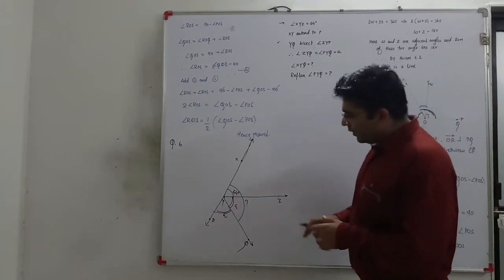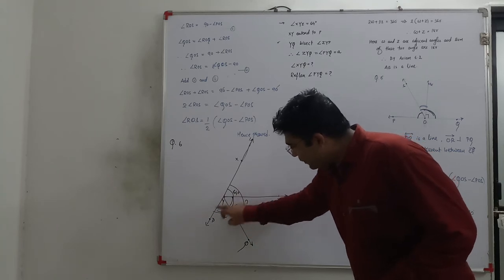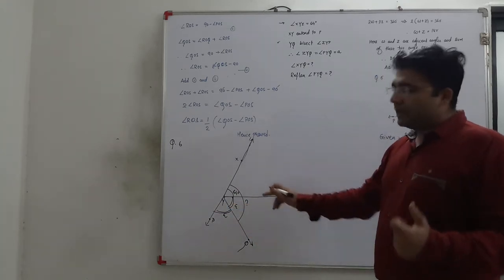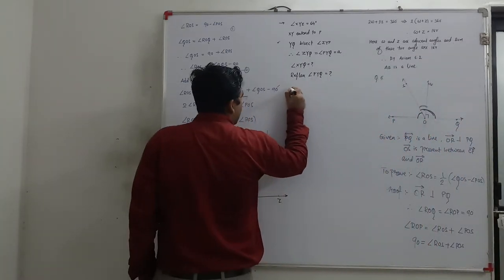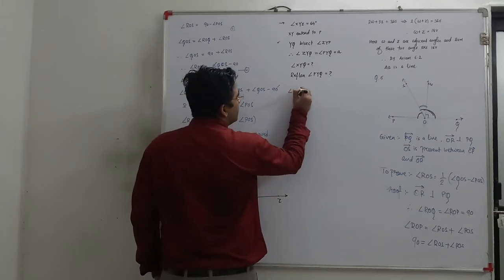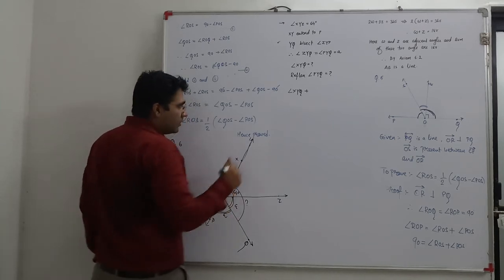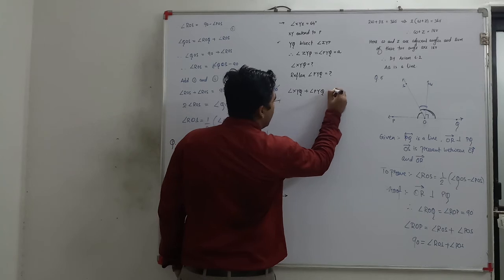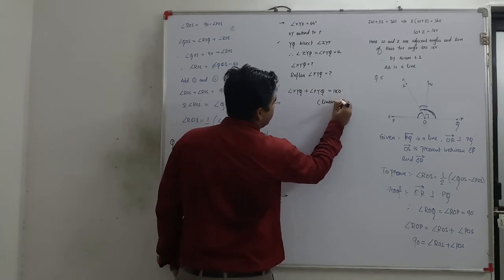So see, if I consider this XYQ and PYQ, I get one relation: they form a linear pair. So here I can say that angle XYQ plus angle PYQ is equal to 180 degrees. Why? Due to linear pair.